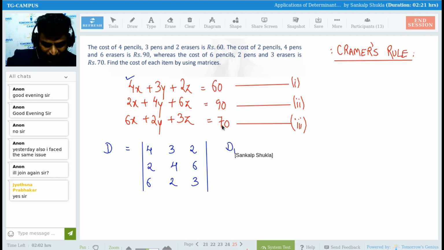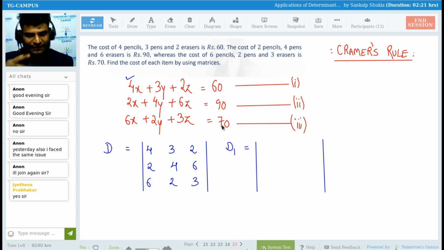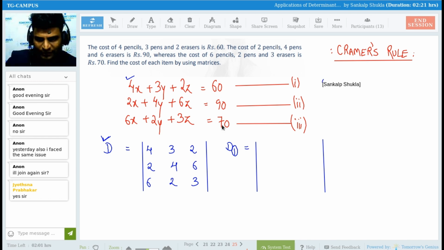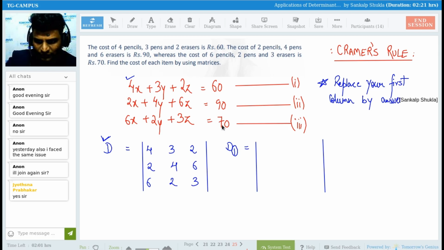Now we'll be forming D1. Please pay attention. D1, D2 and D3 will be formed from D only. While forming D1, just replace your first column by the answers.